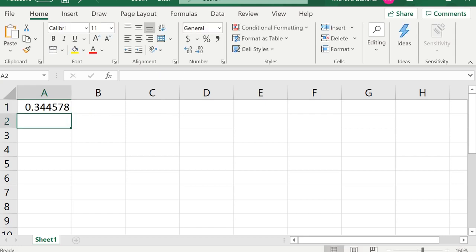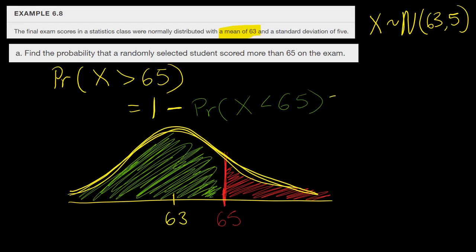That's the probability: 0.34, if I were to round it to 2 decimal places. And it makes sense that this area I've highlighted in red is about 34% of that distribution. So the probability that a randomly selected student scores more than 65 on their exam is 0.34. In other words, about 34% of them will score more than 65.